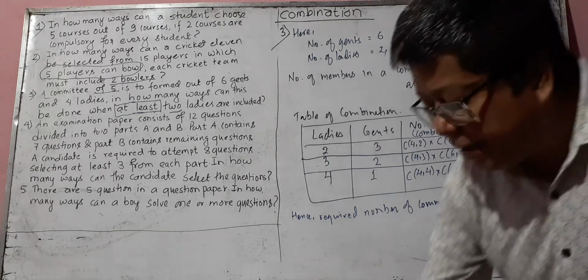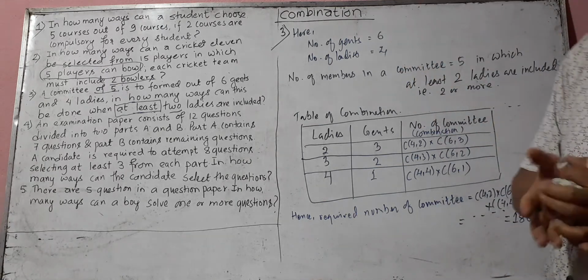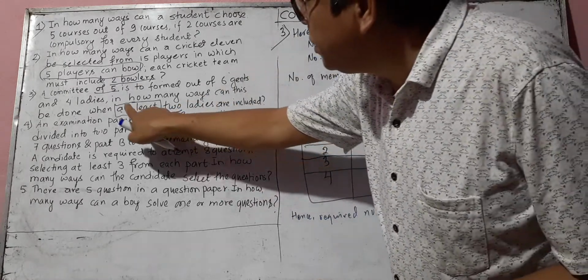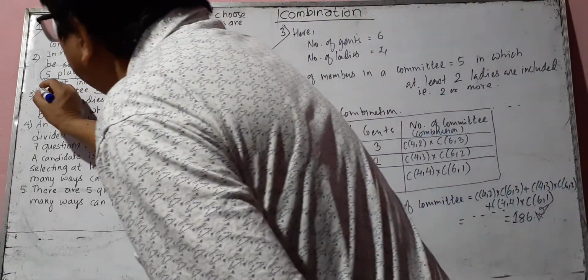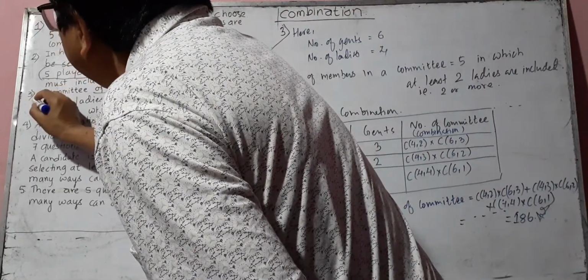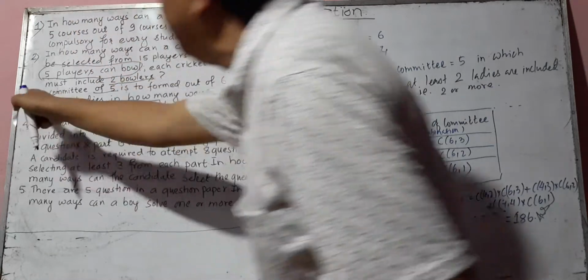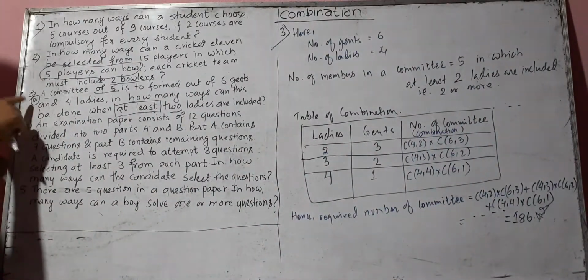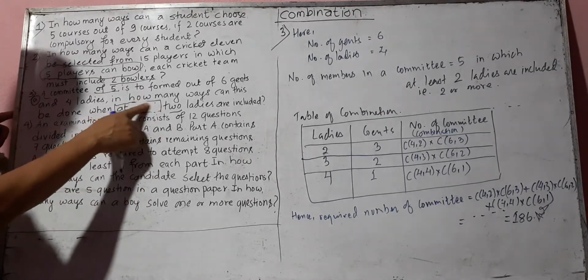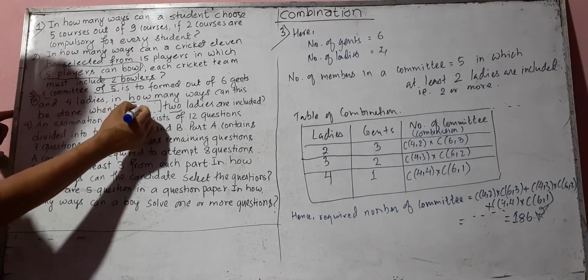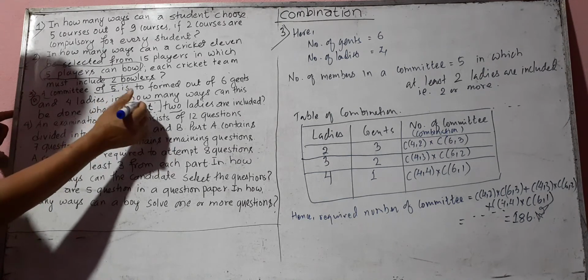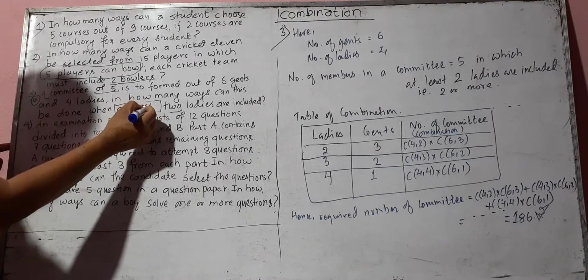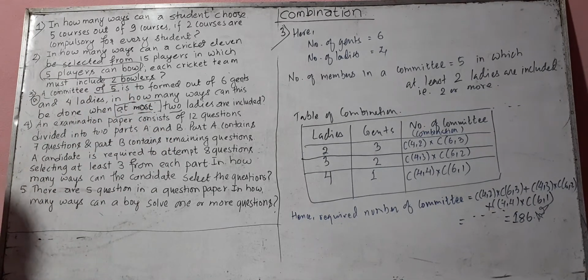Now we have one more change in question number 3. Let us call it 3A, another question, and in place of at least, let us make it at most: at most 2 ladies.